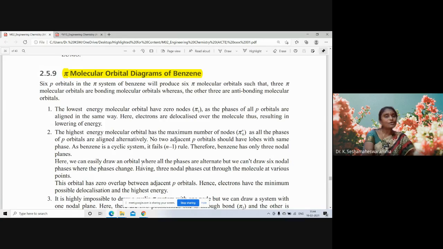So we can easily draw an orbital where all the phases alternate, but we cannot draw 6 nodal planes where the phases change. Having 3 nodal planes cut through the molecule at various points, this orbital has 0 overlap between adjacent p orbitals. Hence, electrons have the minimum possible delocalization and highest energy.